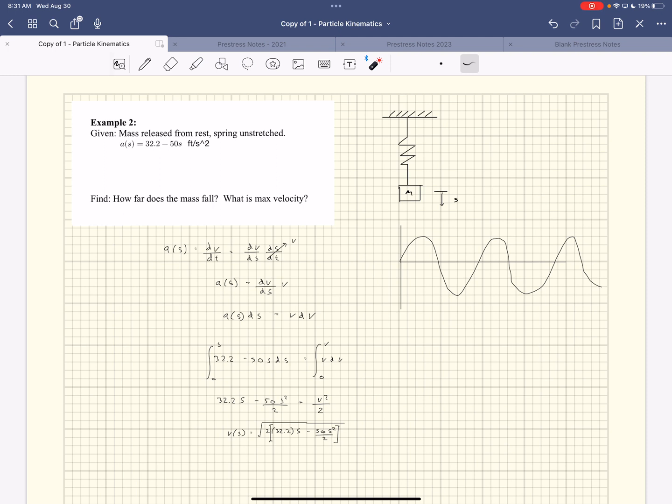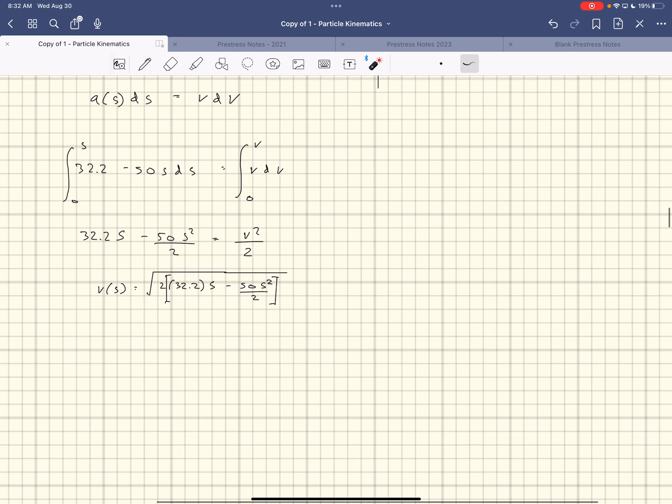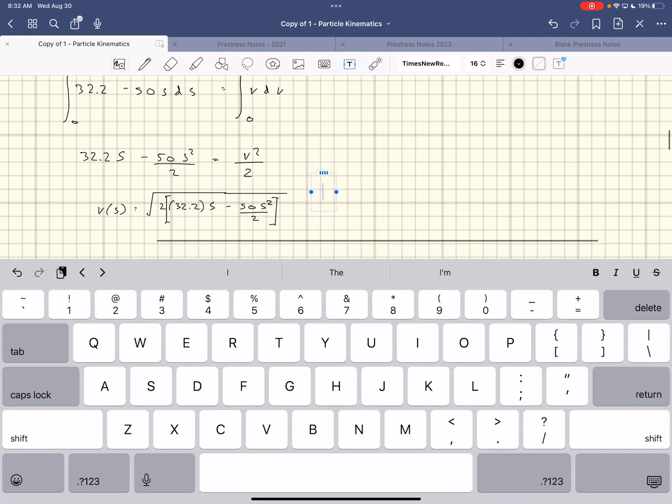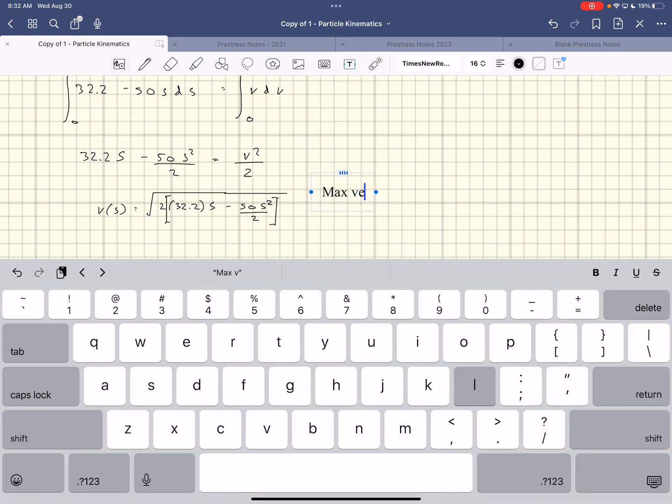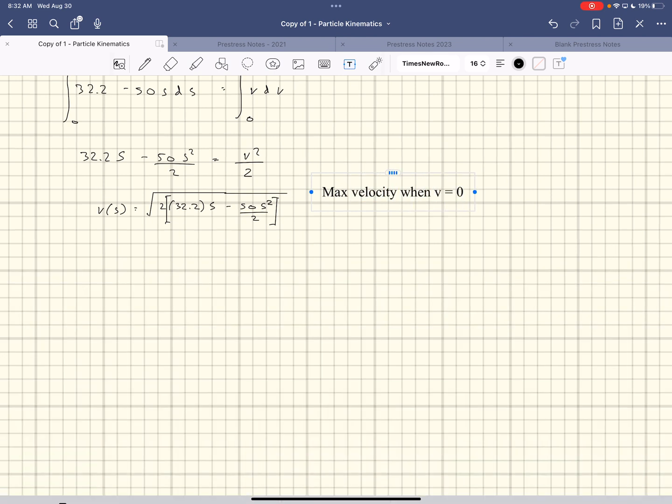So if I want that max position, I set this equal to 0, because that's when the velocity is going to be equal to 0. Okay, so we'll make a little note down here. Velocity would be equal to 0.